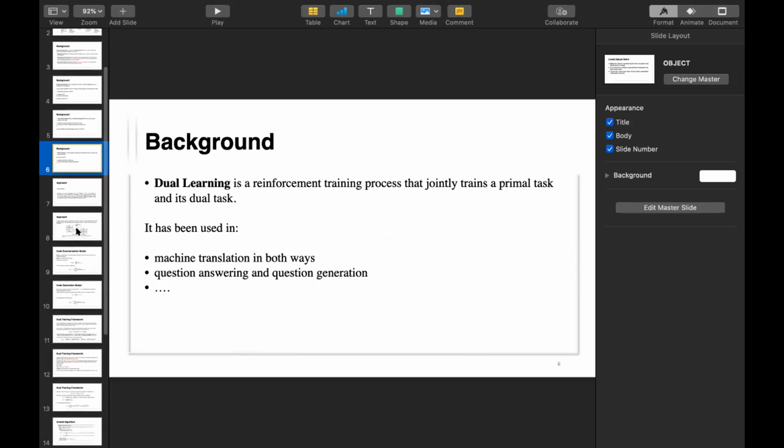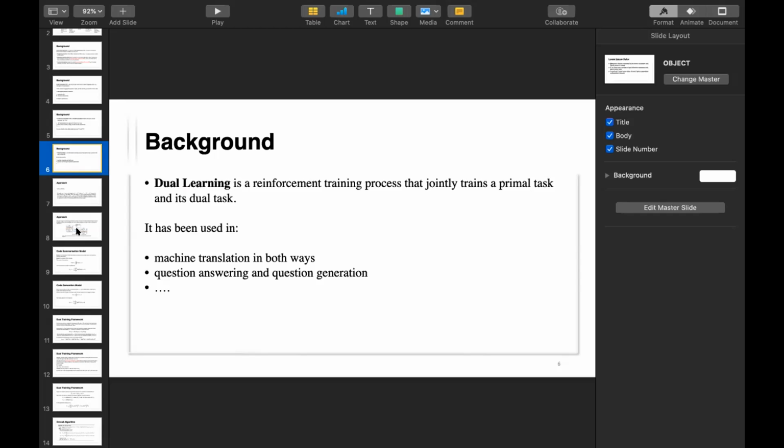And here we also introduce the concept of dual learning, which is applied by this paper. Dual learning is a reinforcement training process that jointly trains a primal task and its dual task. The primal task and the dual task should be related to each other, like the relationship between CS and CG.